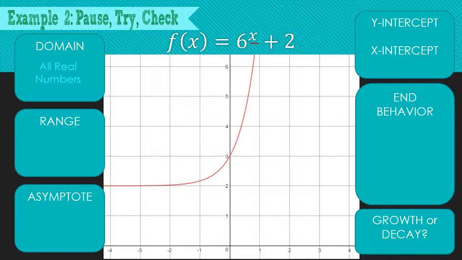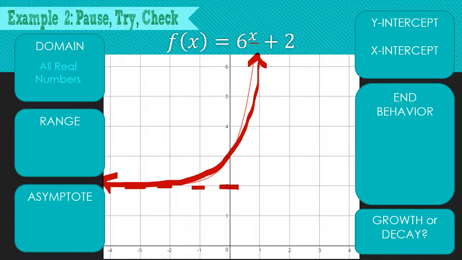If I look at my function, I'm getting really close to this line right here. That means all of my y values have to be above that line. In this case, that line is y equals 2. So my range is y is greater than 2, because all of my y values for this function are above that line.